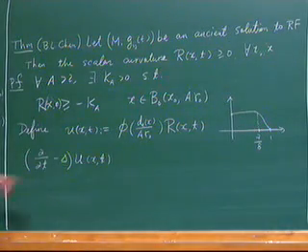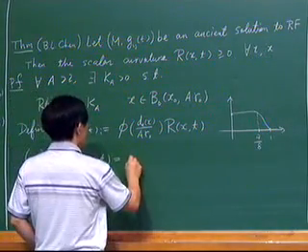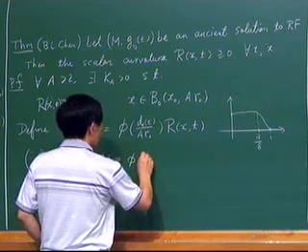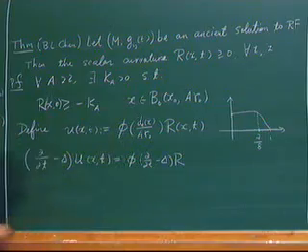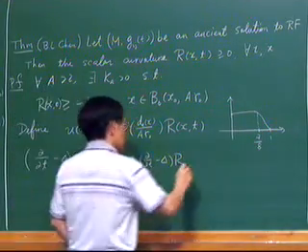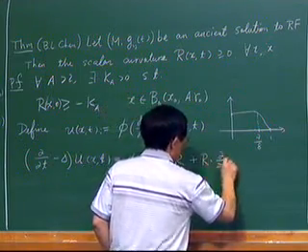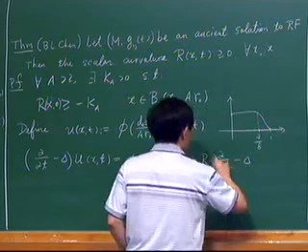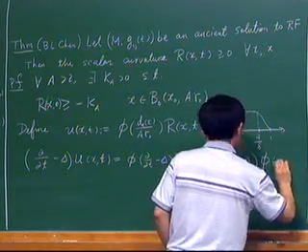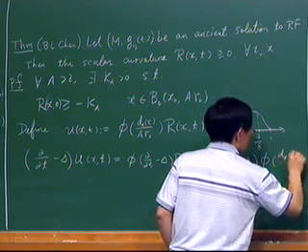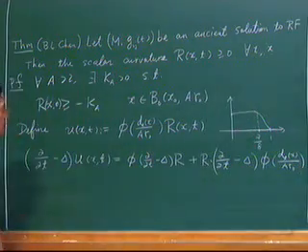We just do some computation. First, we have phi, we have R. We also have phi and R with the second derivative terms, so we also have some mixed terms.